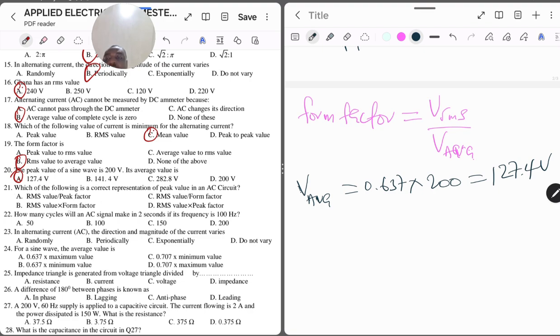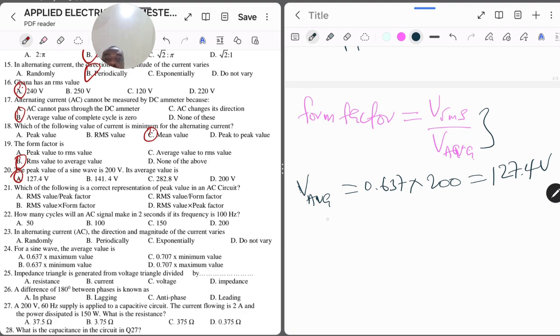We already know the formula for form factor, which I wrote here: root mean square value to the mean value, right? But we don't know the peak factor.